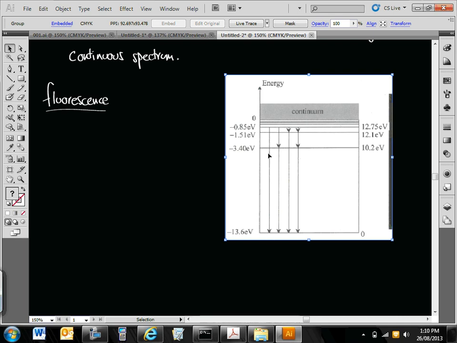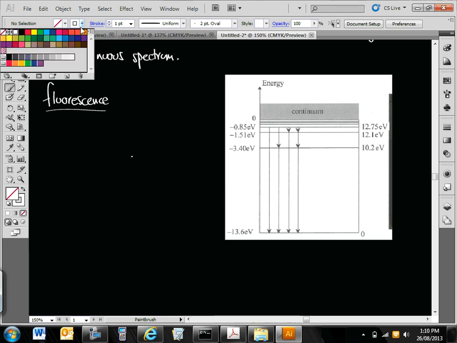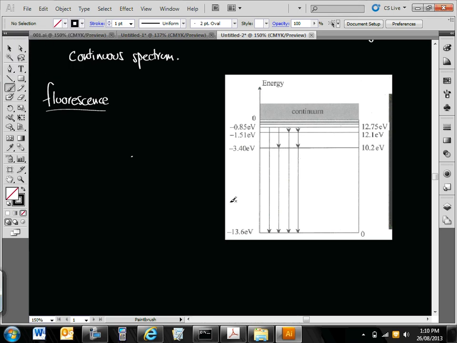What sort of light do you have to give hydrogen in its ground state to get that one jump there? Has to be UV, doesn't it? We know that now. To make that 10.2 eV jump, we have to send in UV light. Okay, UV, which we can't see.